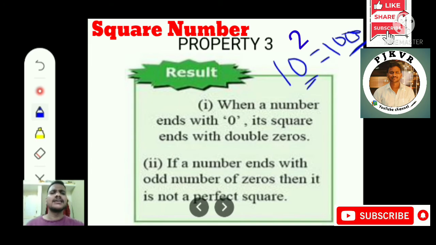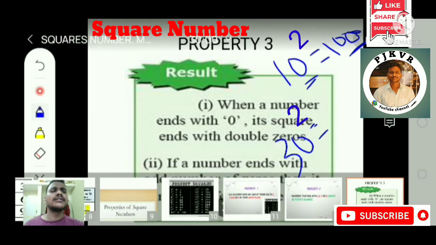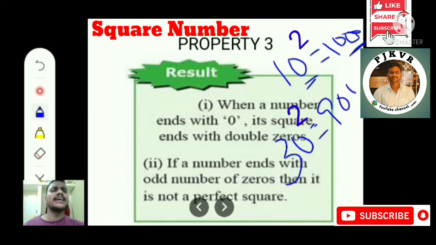Do you understand? What is the second condition? If a number ends with an odd number of 0s, then it is not a perfect square. Take the example 30, its square is 900.